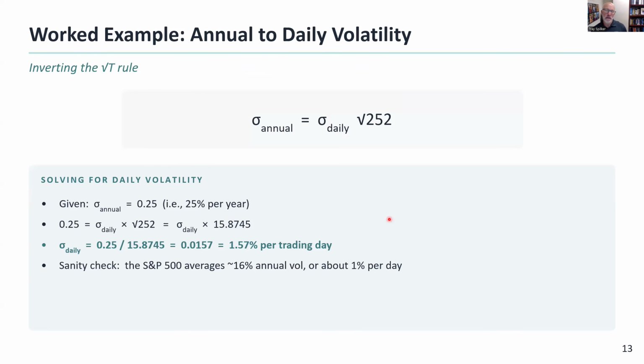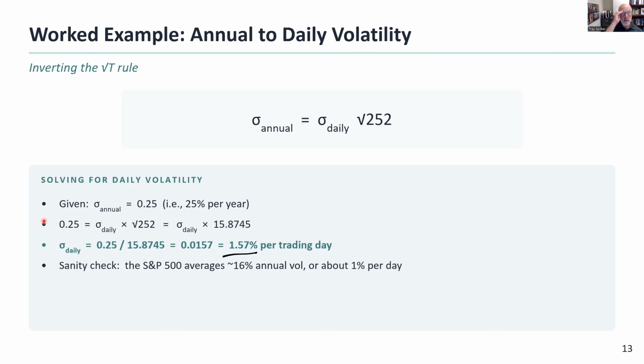If you wanted to convert an annual volatility into a daily volatility, you just, I'm sorry, you just take the daily volatility and scale it up to create an annual volatility number. So if, for example, you were trying to solve for the daily volatility, and you knew the annual volatility, let's say it was 0.25, 25% annual vol, well, this is equivalent to a daily volatility of 1.57%.